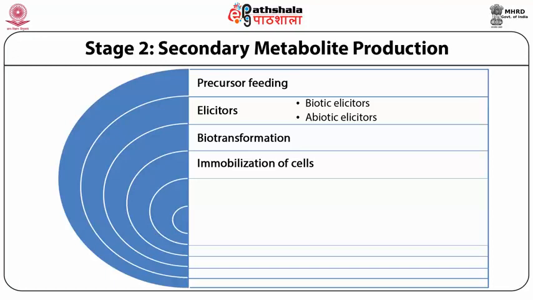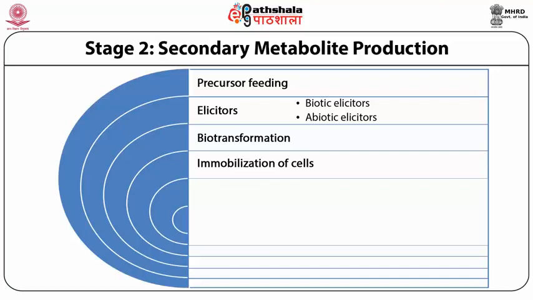It simplifies downstream processing in cases where the products are secreted in the medium, and high density within relatively small reactors results in reduced cost and risk of contamination. It reduces the shear stress, increases the product accumulation, and minimizes the fluid viscosity, which causes mixing and aeration problems in cell suspensions.